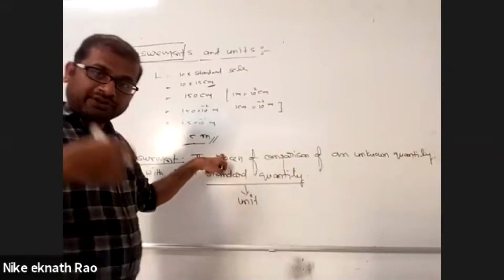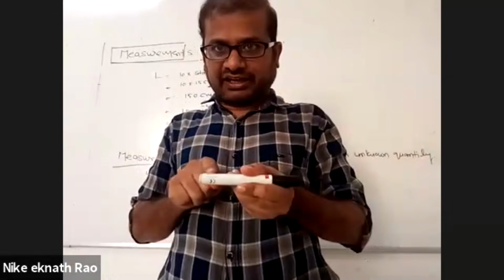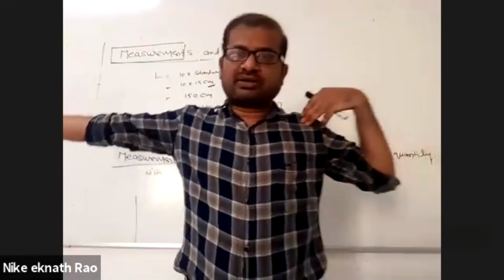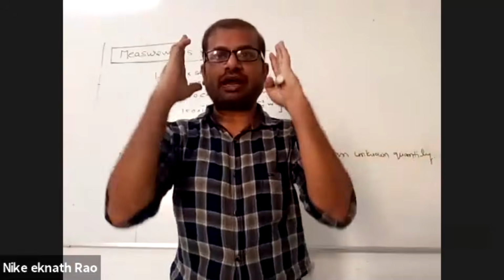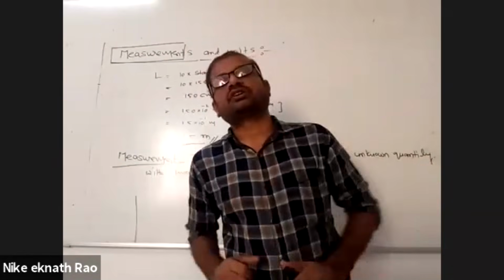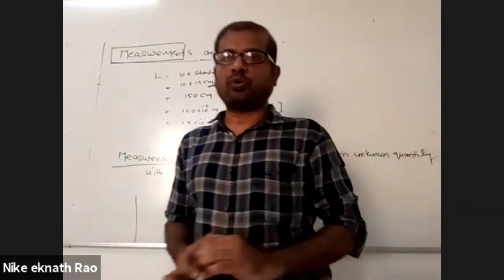We define 1 centimeter as the gap between 2 marks on this scale, and this much length is taken as 1 meter. So we define them standardly, and we call the standard quantity a unit.